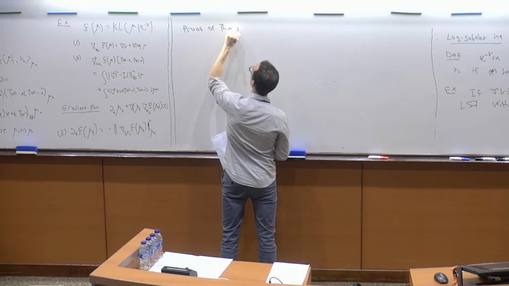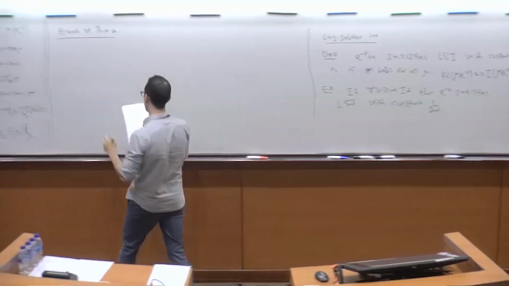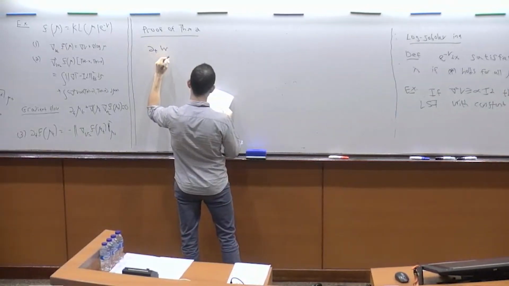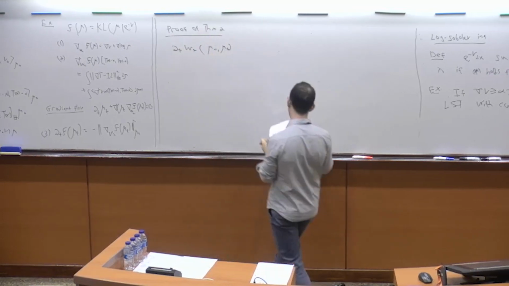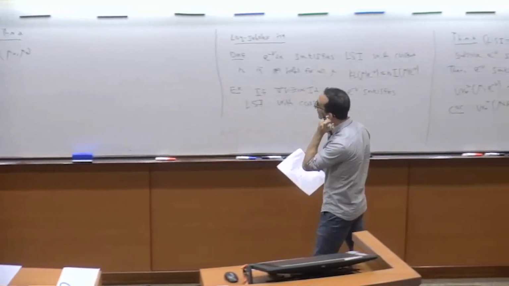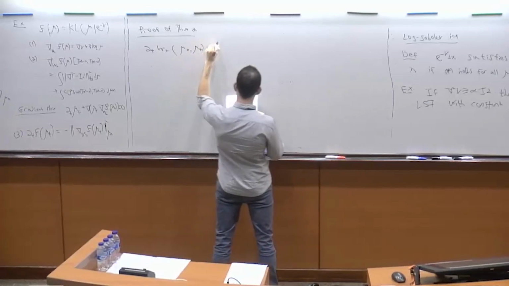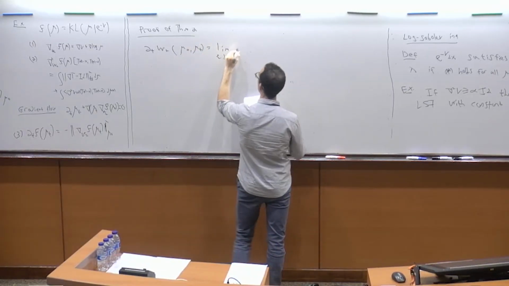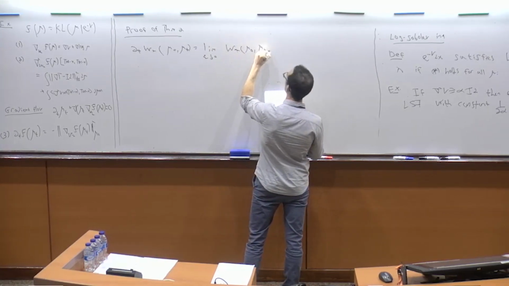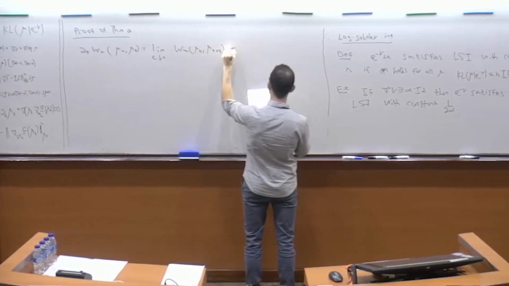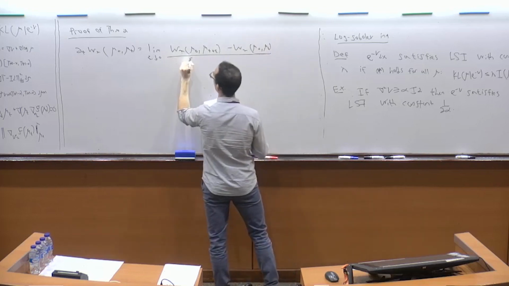So let's see how to prove it. As usual, we differentiate. Let's try to differentiate the W2 distance between mu_0 and mu_t, where mu_t satisfies the gradient flow. Let's first write out the definition of derivative. Here we're going to have W2 of mu_0 and mu_{t+epsilon}, and we'll subtract W2 of mu_0 and mu_t, over epsilon.